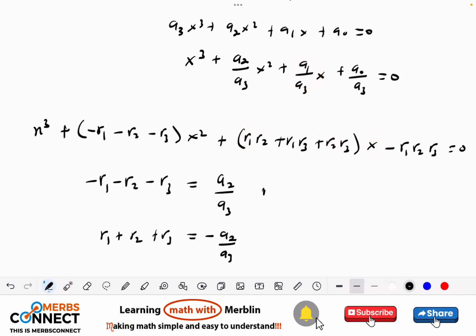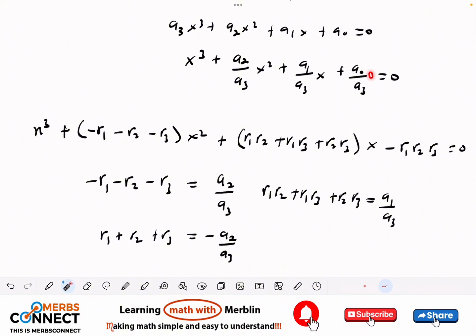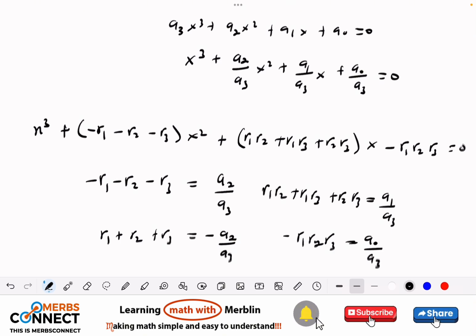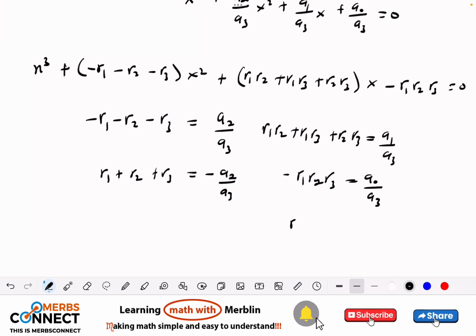So r1 r2 plus r1 r3 plus r2 r3 is equal to a1 divided by a3. Is that right? And the last one is the coefficient without x, which is equal to this. So minus r1 r2 r3 is equal to a0 over a3, and this is the same as r1 r2 r3 equal to minus a0 divided by a3.